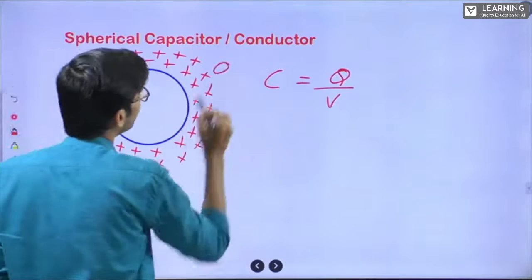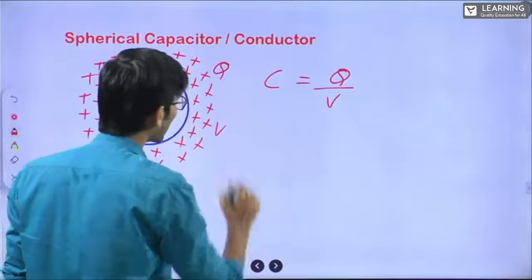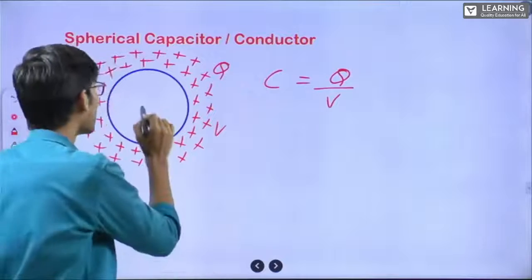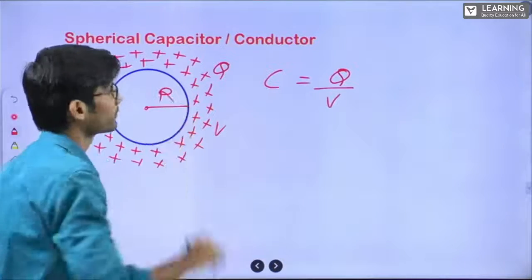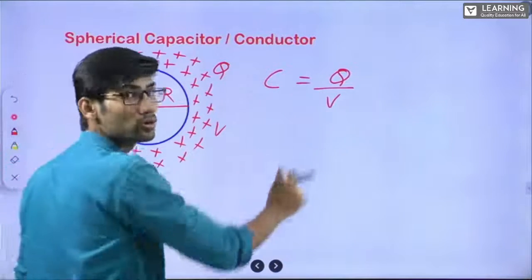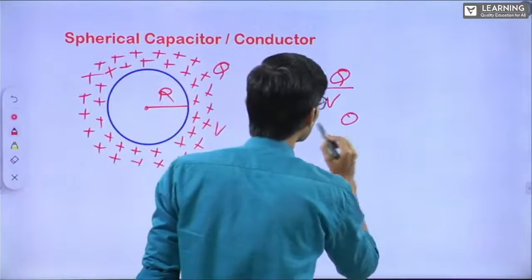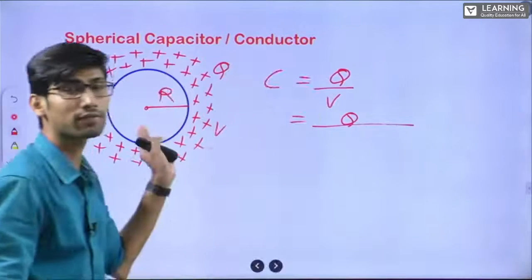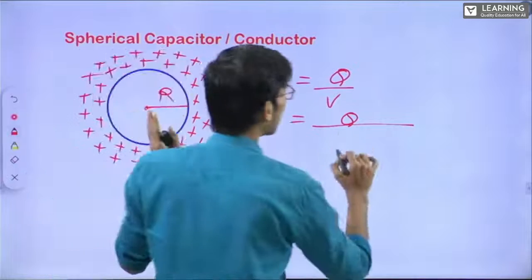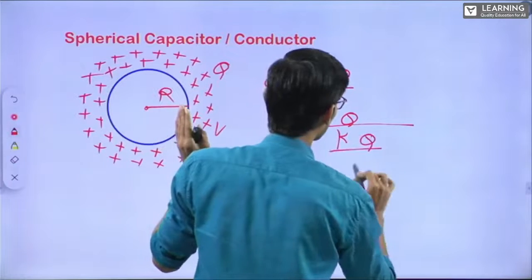This charge is Q. At this time, the potential at the surface is V. The radius of this spherical conductor is R. C is equal to Q by V. So C is equal to Q upon, how much is V at the surface right now? KQ by R.